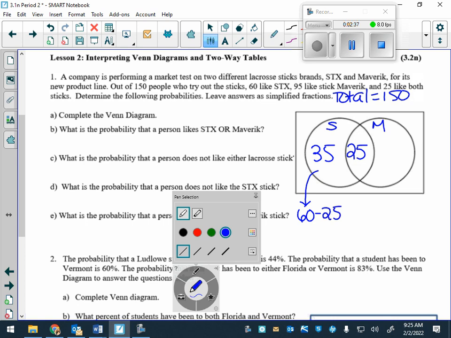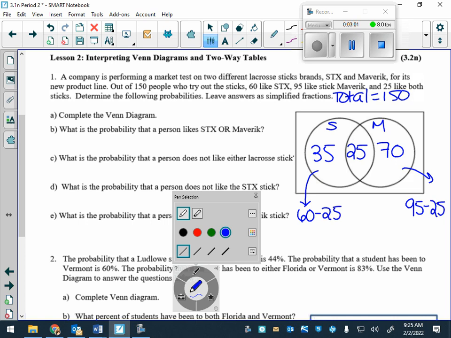Okay? Now, how about the other one? What do we have? Campbell? 70. So we do the same thing. To find this, 95 minus 25 gives us 70.